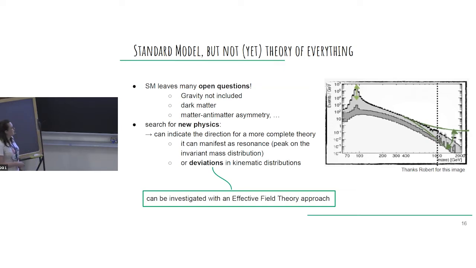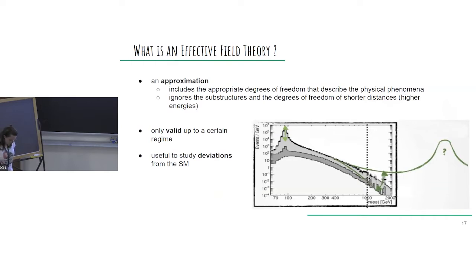And this can be done with an effective field theory. What is an effective field theory? It's basically an approximation. It's an approximated theory that includes all the degrees of freedom of a certain physical phenomenon, but ignores the substructure that is important at higher energies. Of course, since it's effective, it's valid up to a certain regime.